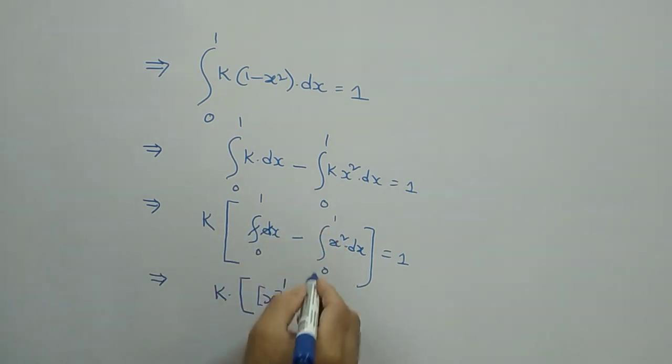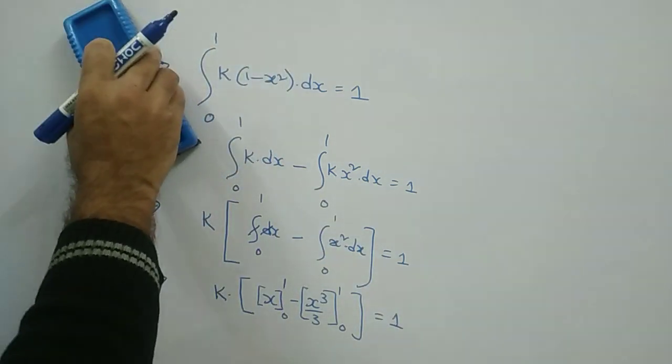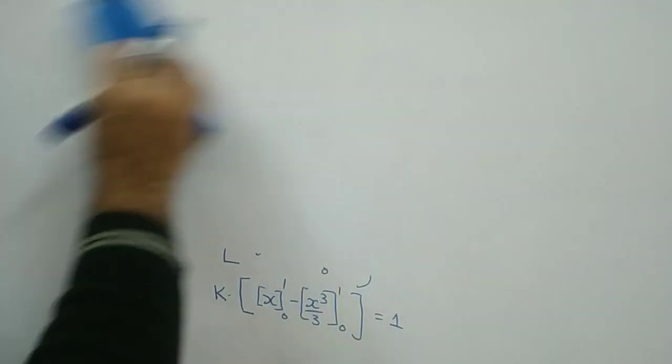What is the integral of x square? It is x cube by 3, from 0 to 1, and finally it is equal to 1. Furthermore, if you apply the upper and lower limits in that expression, what will you get?